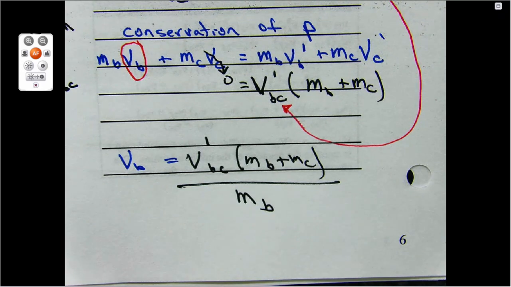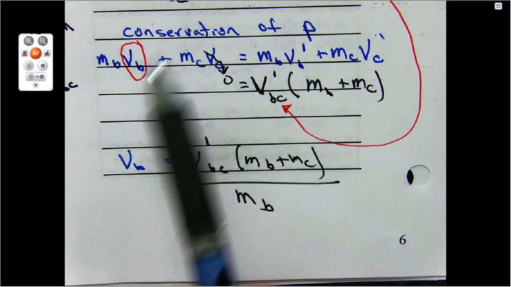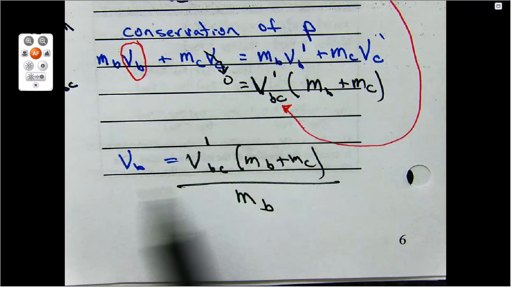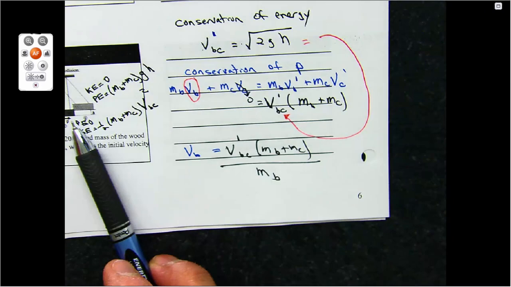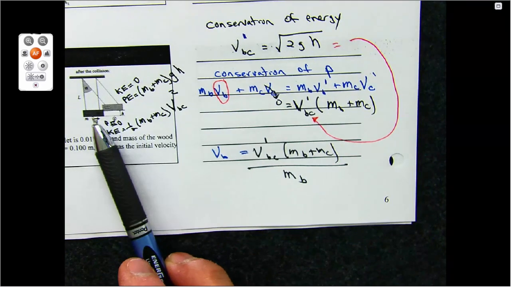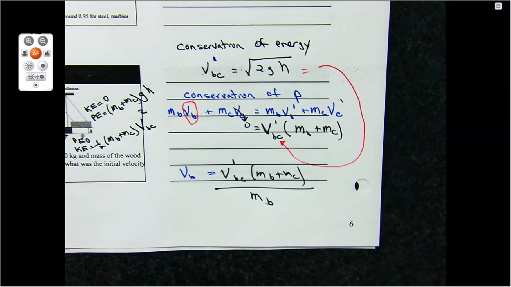And if we plug this in with a block of wood here, we get 235 meters per second. But this is our lab. Conservation of energy will give us the velocity down here at the bottom of this baby. And that had to come from the ball hitting it.